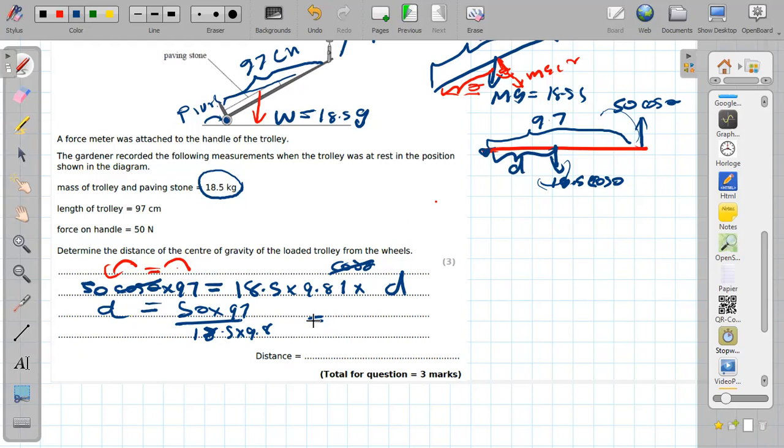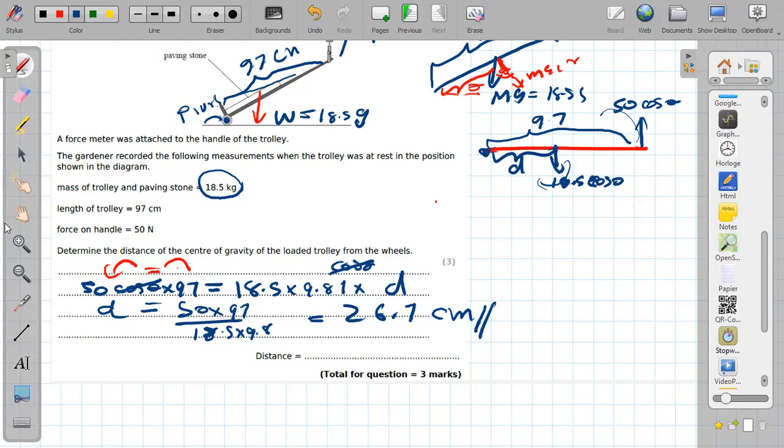Total length 97. What is the answer you get? 26.7. 26.7 centimeter. Can you understand how to deal with this type of question now?